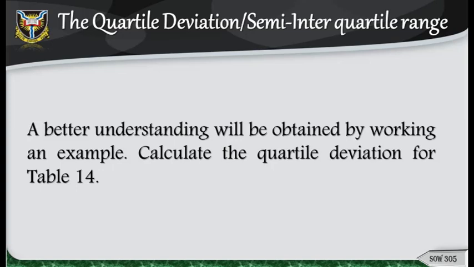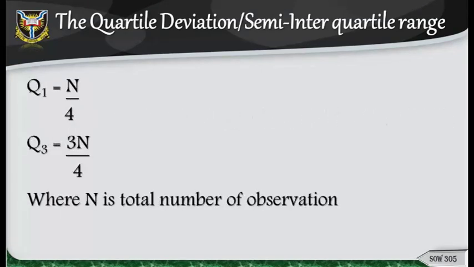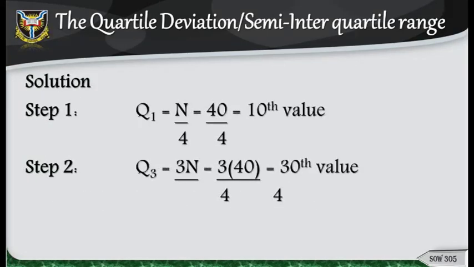Calculate the quartile deviation from table 14. After creating columns 3, 4, and 5, determine Q1 and Q3. Q1 is equal to n over 4. Q3 equals 3n all over 4, where n is the total number of observations. Solution. Step 1.